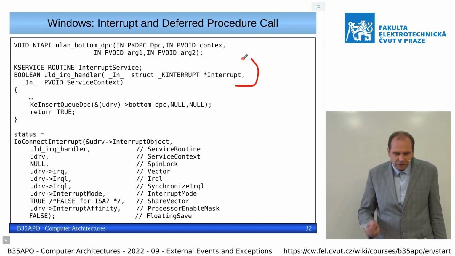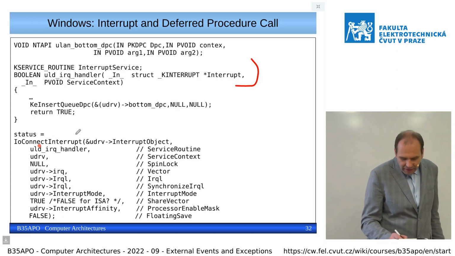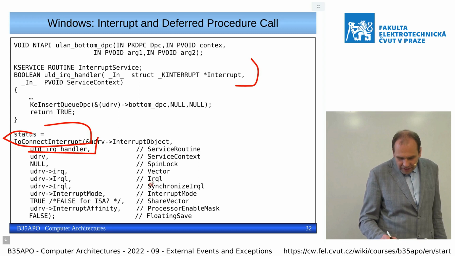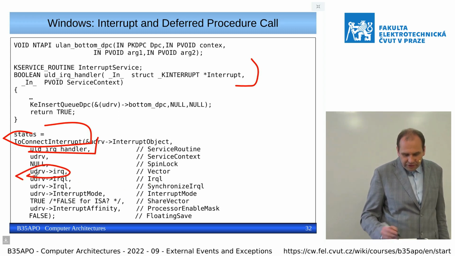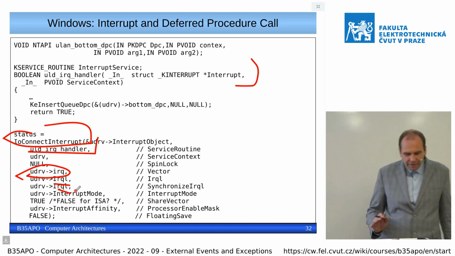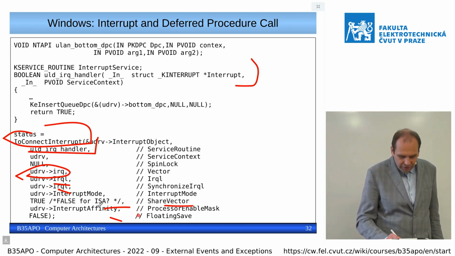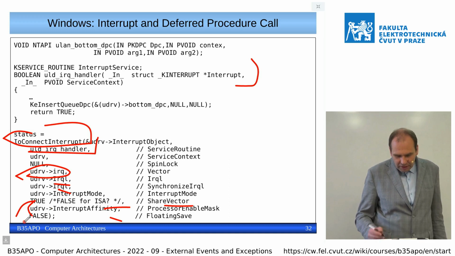In Windows it is a little more complicated, but anyway, you connect the interrupt source to a given handler. You say which vector, which number of the source it is. You can select some other interrupt levels and so on. If it is ISA, it is shared, and you also specify on which CPUs the handler can run.